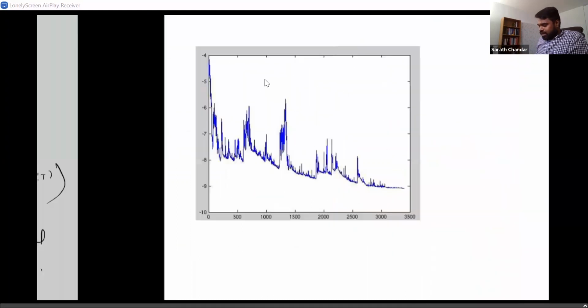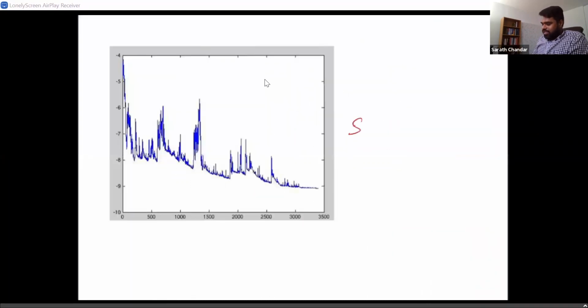For example, here is an example of SGD training. The x-axis is the number of steps and the y-axis is your loss. You see that on average the loss is decreasing, but it has a lot of fluctuations, because it's stochastic.